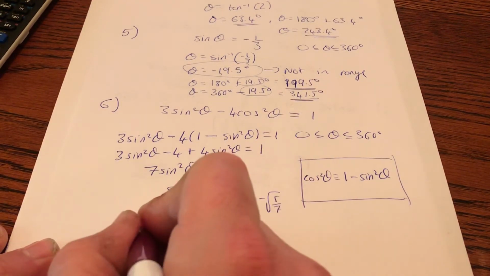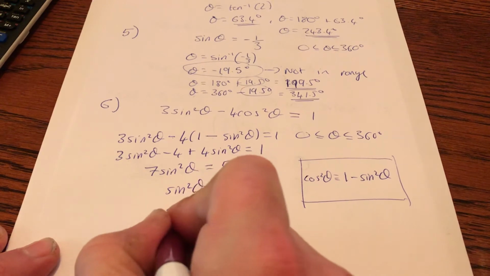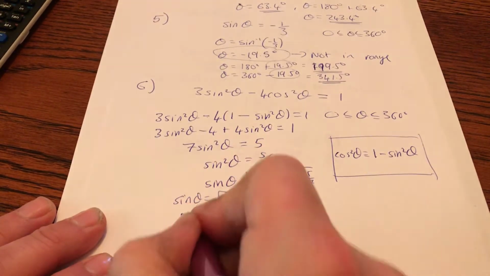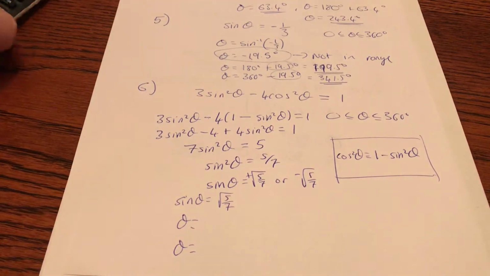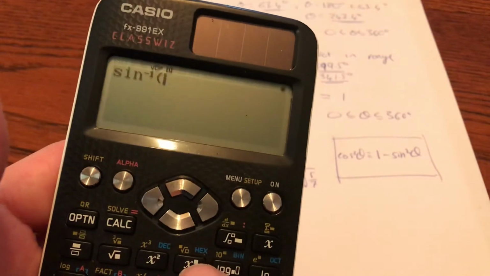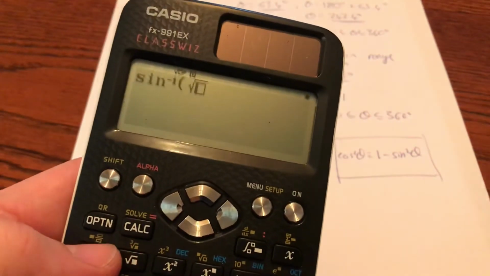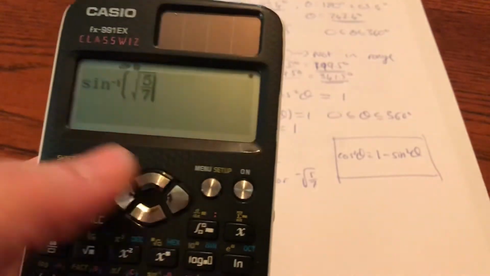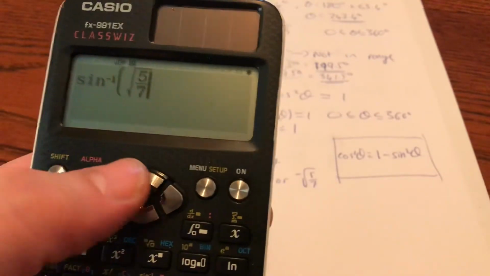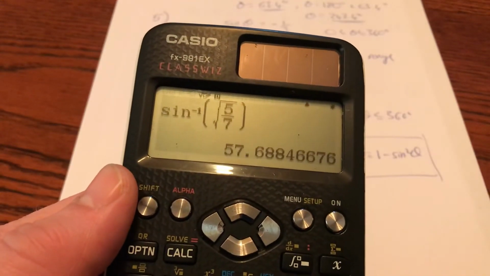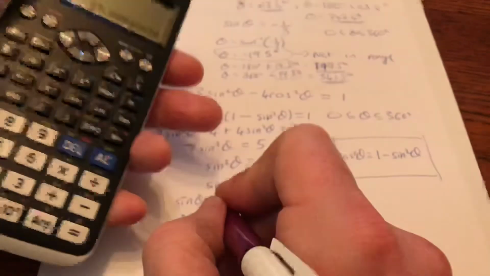So let's first solve sine theta equals root 5/7. Shift sine root 5/7. Ooh. Let's see what it tells me. 57.7 degrees.